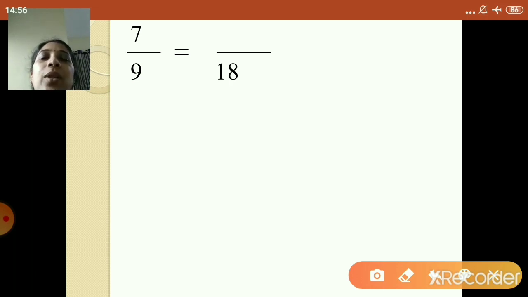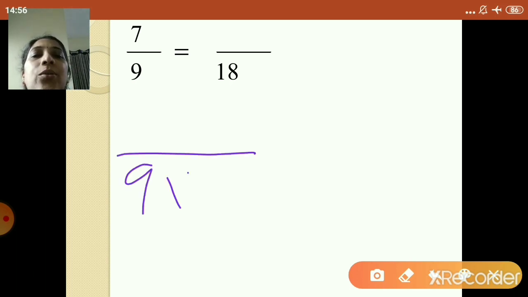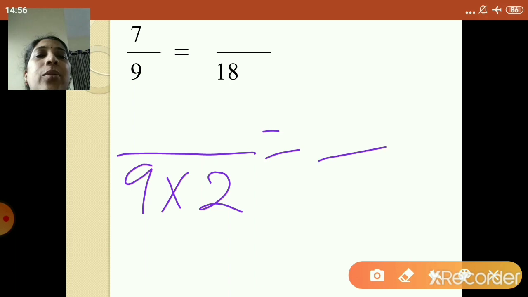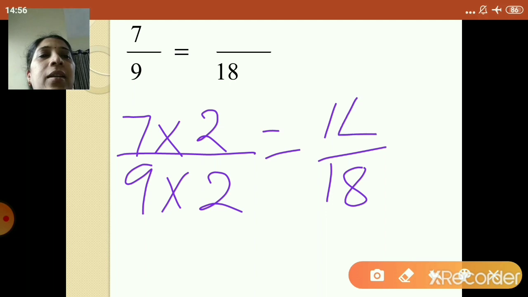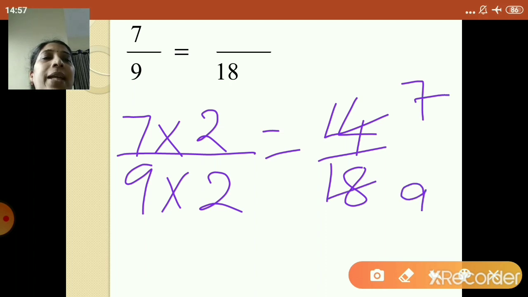2, right? So 9 twos are 18. So what I'll do, 9 into 2 is equal to 18. So 7 also, numerator 7 is there. I'll multiply it by 2. So 7 twos are 14, right? So here also if I say 2 sevens are 14, 2 nines are 18.